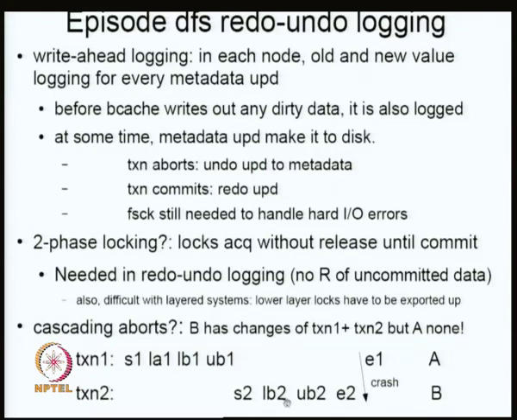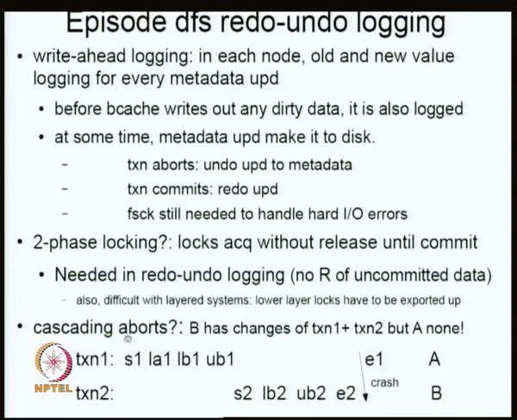So in case this happens, you might have to go and undo this transaction. Luckily, if you are using redo-undo logging, it's possible because you have the old information, so you may be able to undo some part of it.